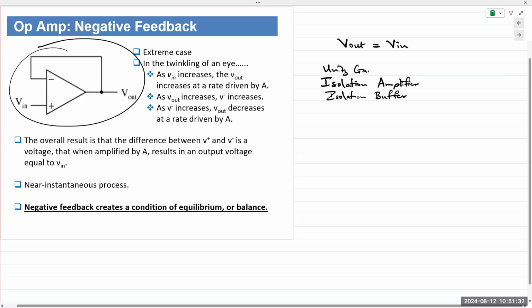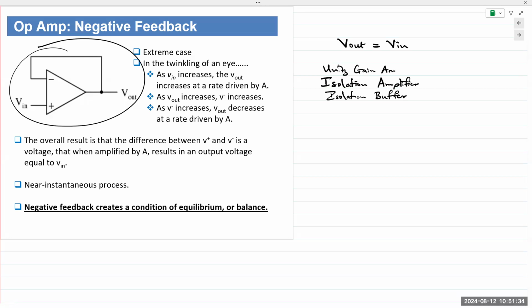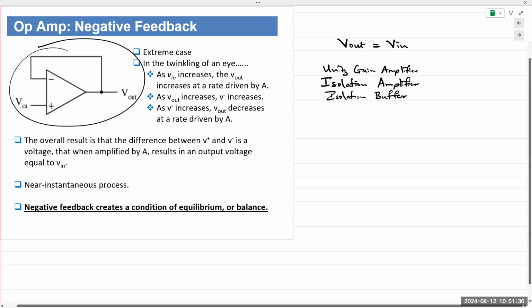Unity gain amplifier. These are some of the most common names, and one of the most important is voltage follower.